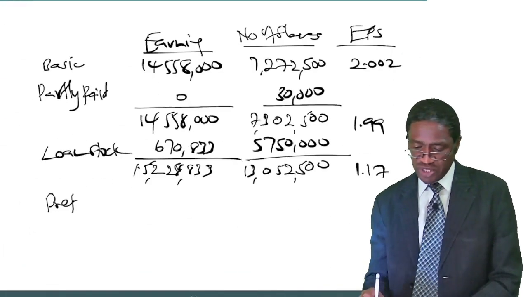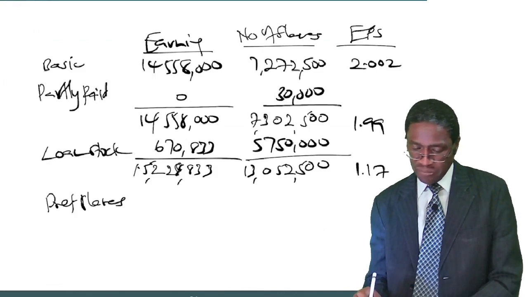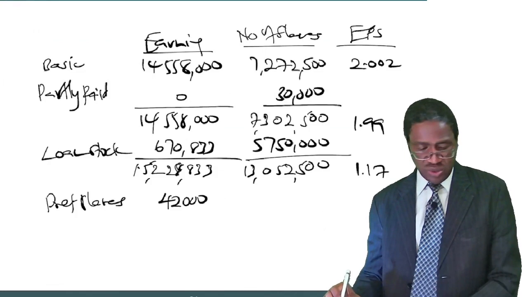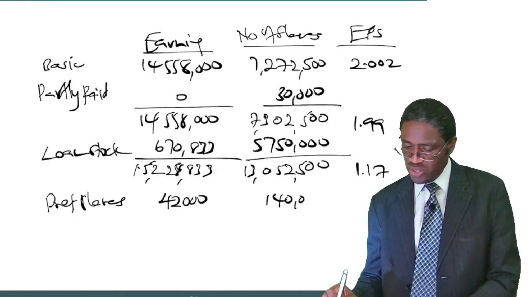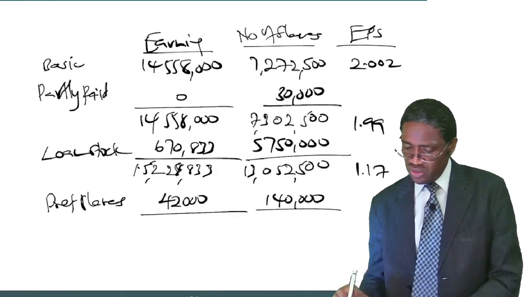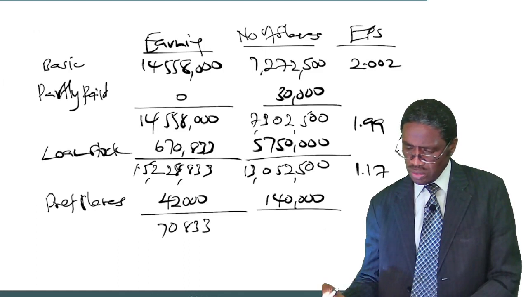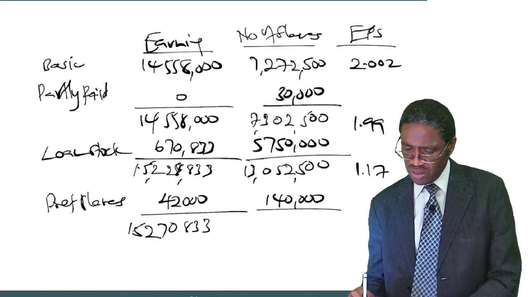The convertible preference shares will increase earnings by 42 and shares by 140. That's what we have just seen.